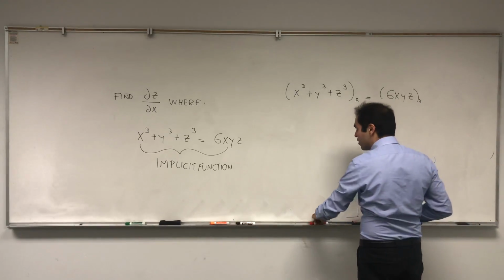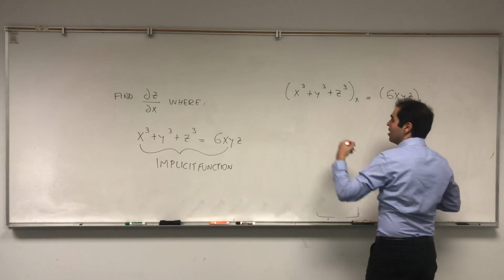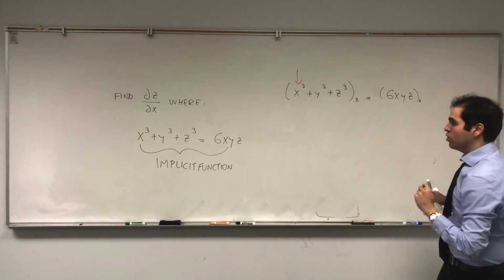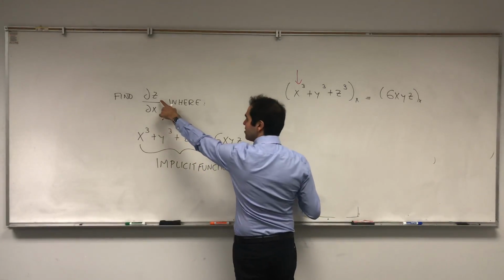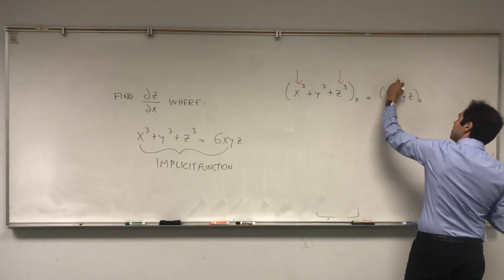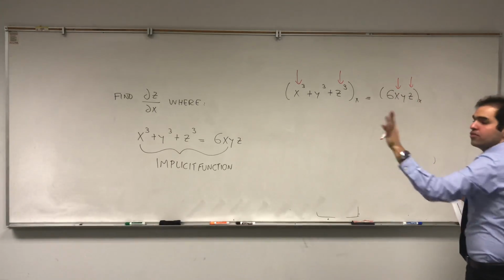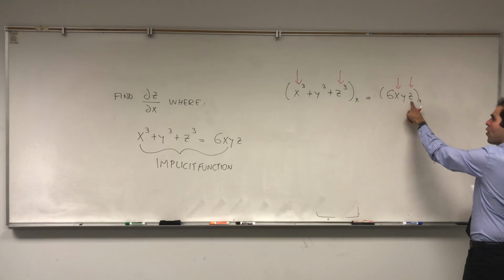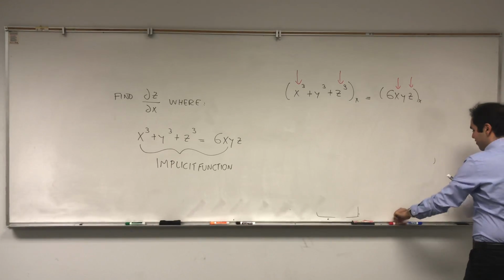You have to figure out what depends on x. Well, x cubed depends on x, of course, but also z depends on x because we want to do partial z over partial x. So y is another variable. We don't really care about it, but you just have to worry that z is actually a function of x.